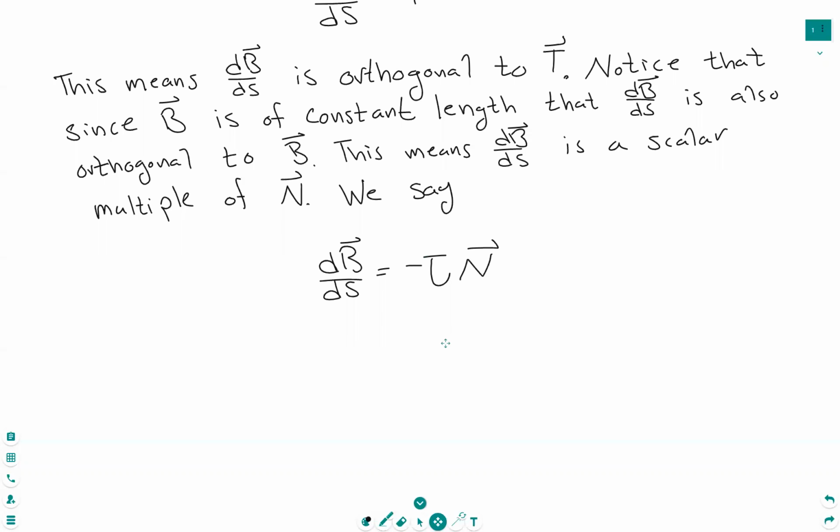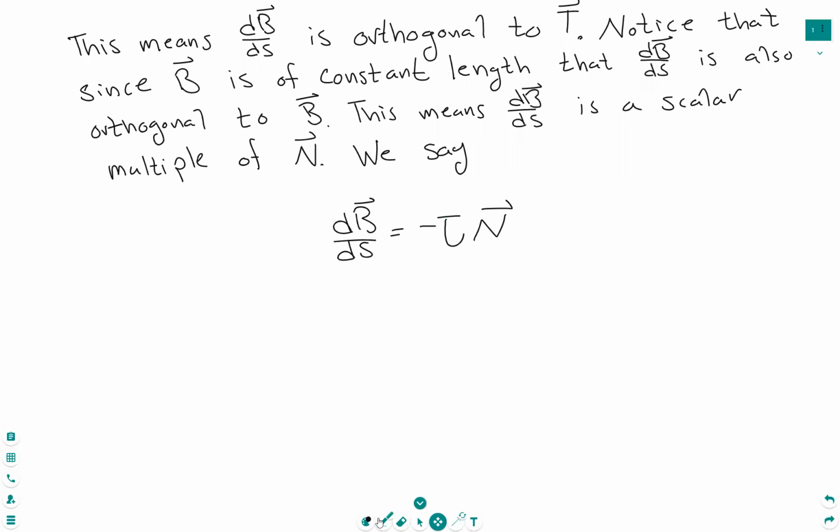So most of the time this tau is positive, and spoiler, the tau is our torsion.